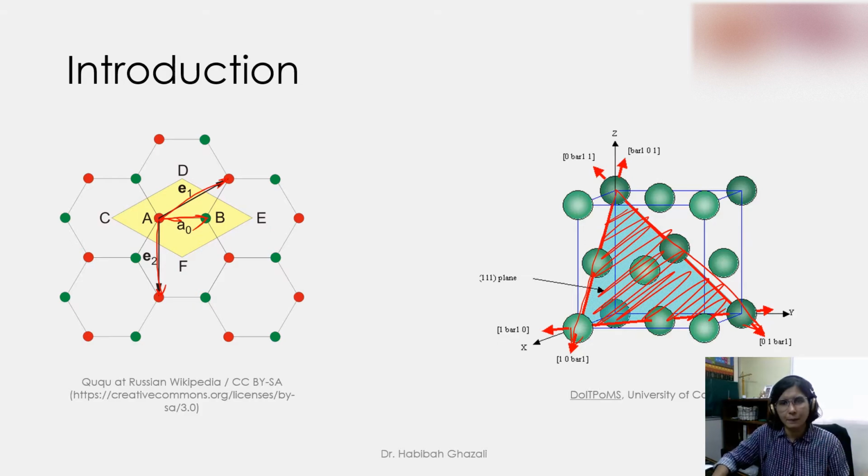Why it happens like that, we will explain later. So again, in order for me to talk about this direction and plane in FCC, I need to know how to talk about plane and direction in a crystal lattice.